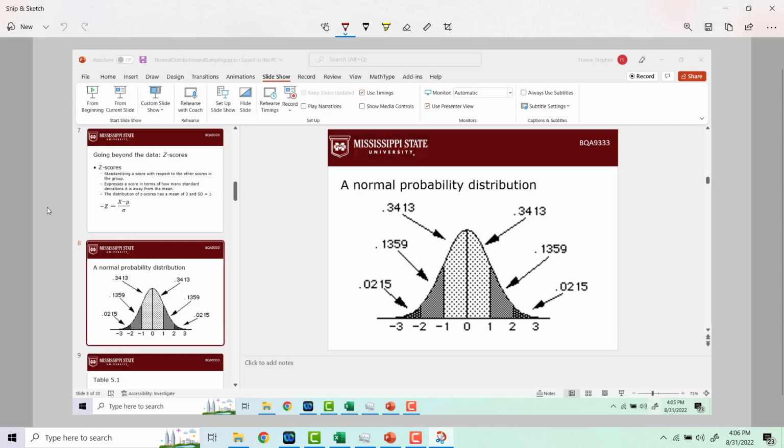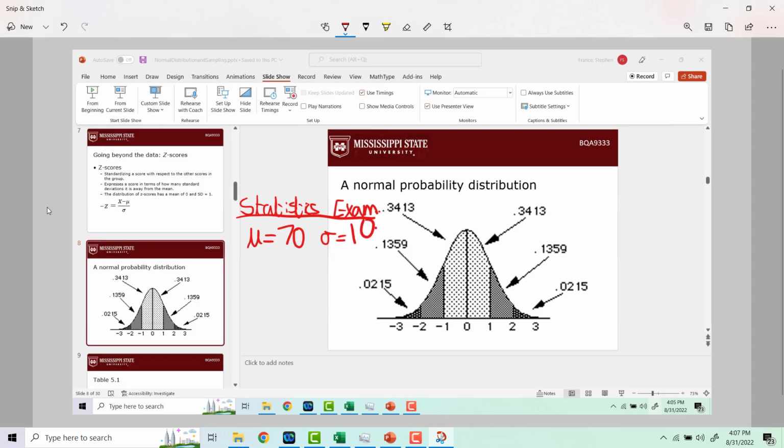Okay, so let's just consider, we might as well stick with a statistics exam. So we'll have a statistics exam where we have a mean of 70 and a standard deviation of 10.